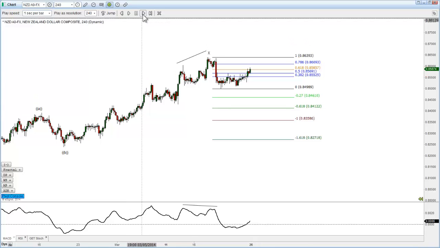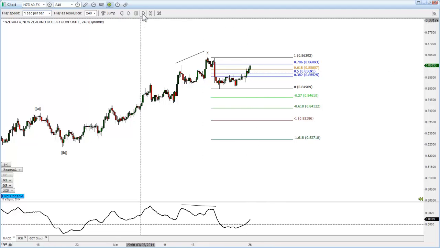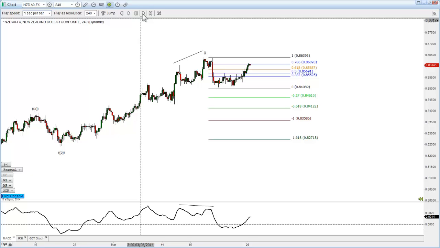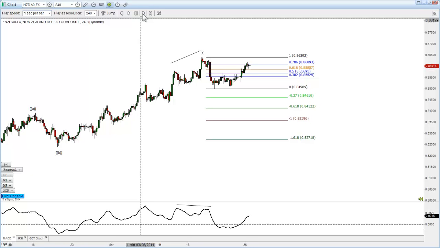Now, you can see at this point we had a little bit of a reaction off the 62%, and then price continued higher to the 79% fib, at which point we created a swing point. Now, after price tested this 79% fib, this is basically the last line of defense when it comes to fibs for that high.